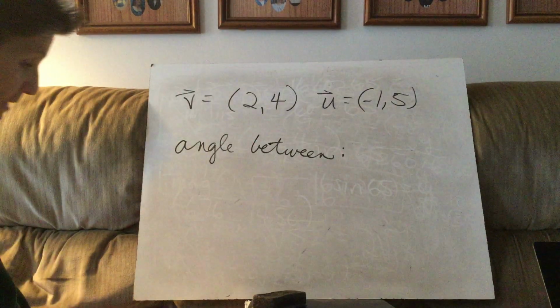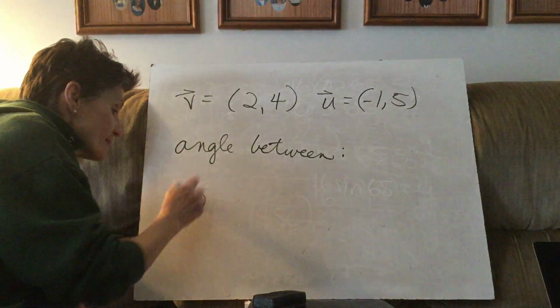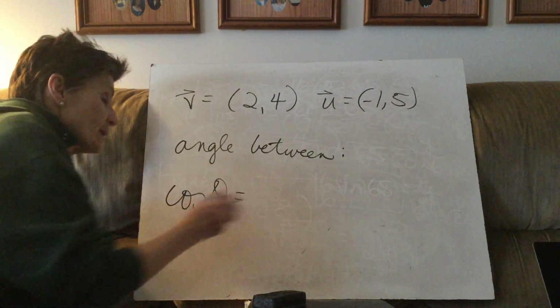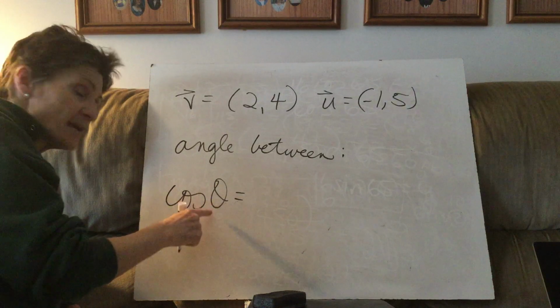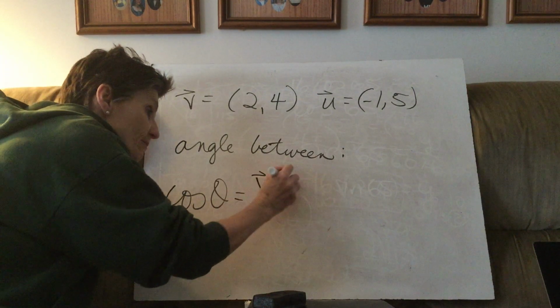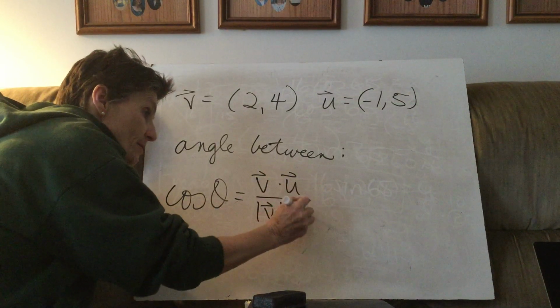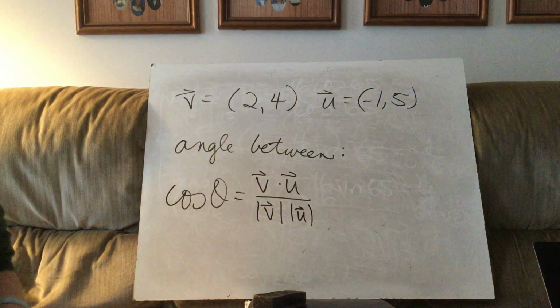Okay, so if you recall, we have a little formula for this. The formula says that the cosine of the angle, not the angle itself, but the cosine of the angle, is the dot product of the vectors divided by the magnitudes times each other.